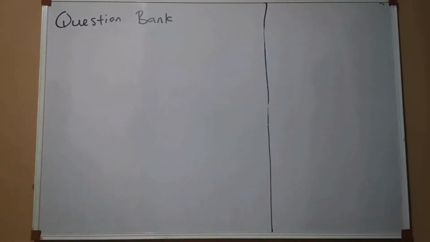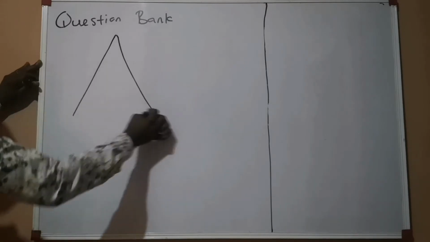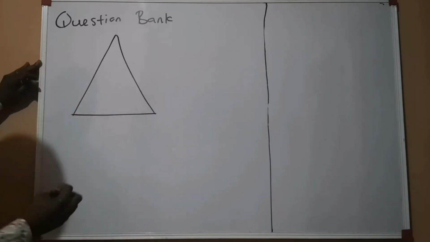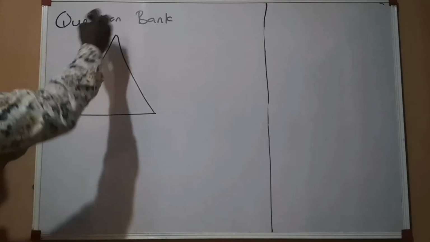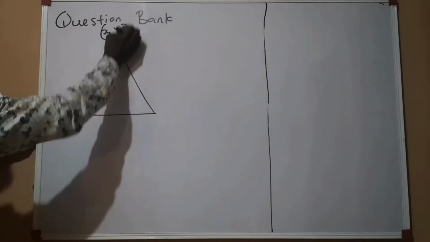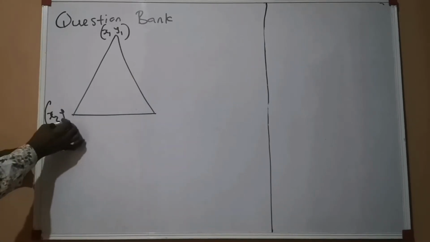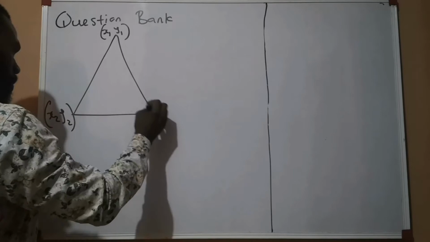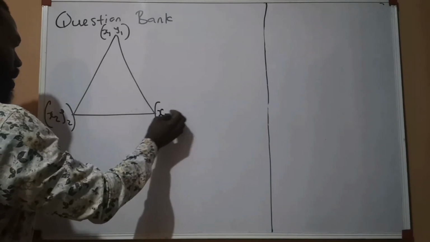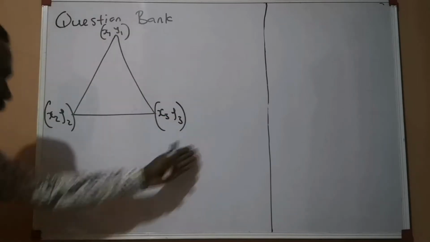Assuming we have a triangle like this, with coordinates x1, y1, x2, y2, x3, y3. These are the vertices.